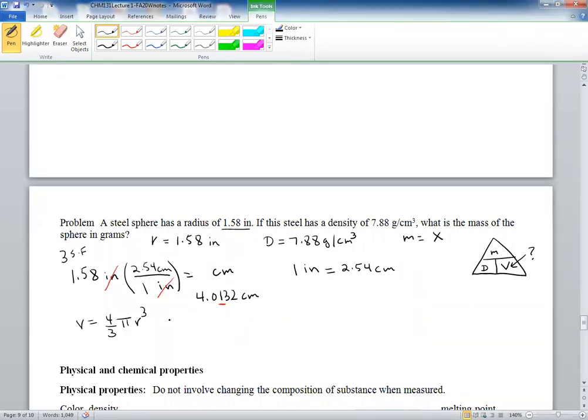Now, all we have to do is plug in, this is my radius, plug this one into the r cubed. So then you obviously have to cube it. So I have 4/3 pi, open parentheses, 4.0132 cubed.